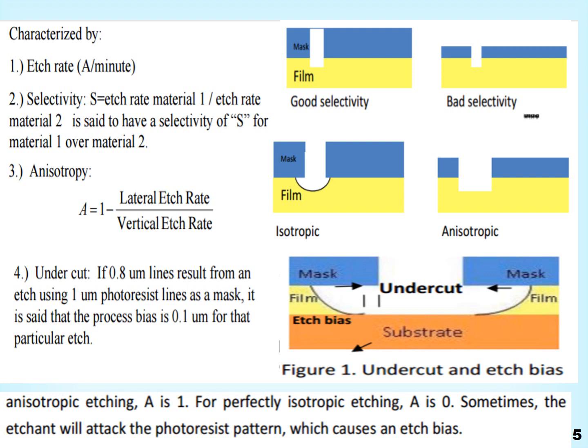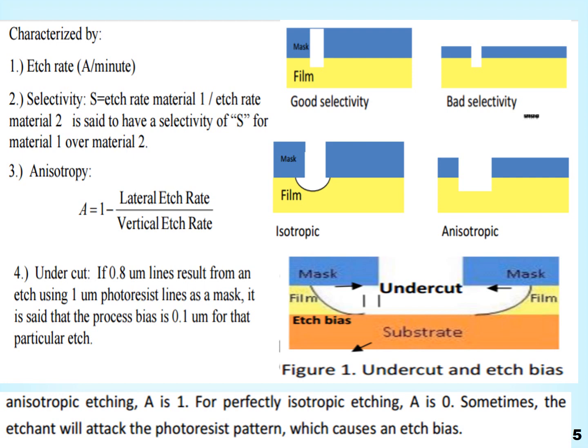The characteristics of an etching process are: the first is the etch rate, or area removed per minute. The second is selectivity: for one material the etchant reaction will be different than for another material. The third is anisotropy, defined as 1 minus lateral upon vertical etch rate.